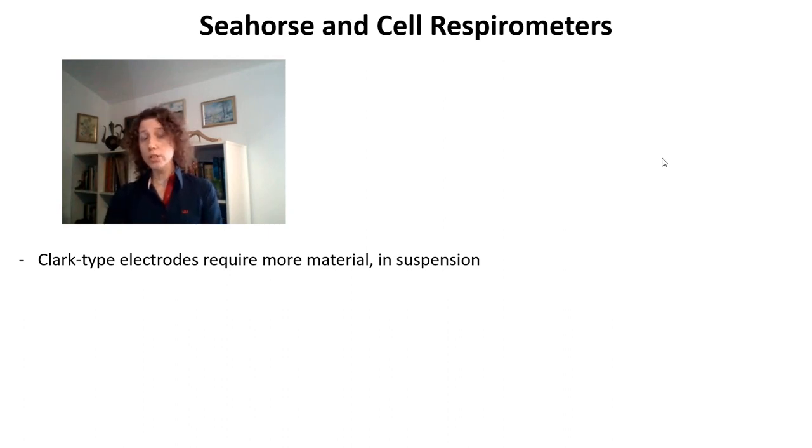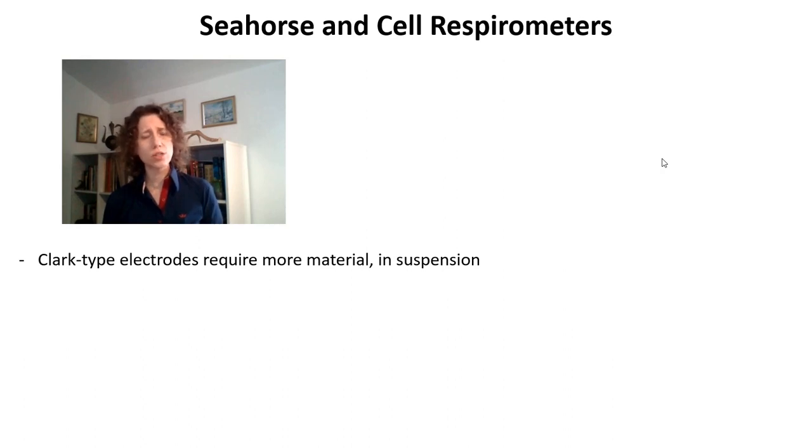Some cells do grow in suspension, and I recommend that you study these cells with Clark-type electrodes. But many cell types that we use in the lab are adhered cells, and these cells, when you suspend them, might have differences in their function. So Clark-type electrodes might not be the ideal way to study plated cell cultures.